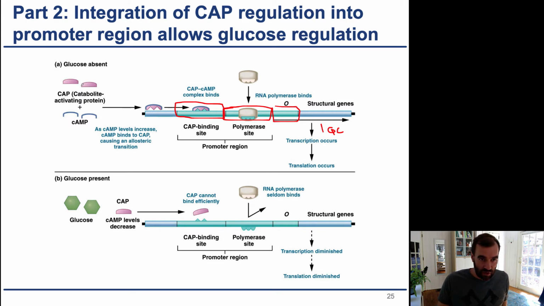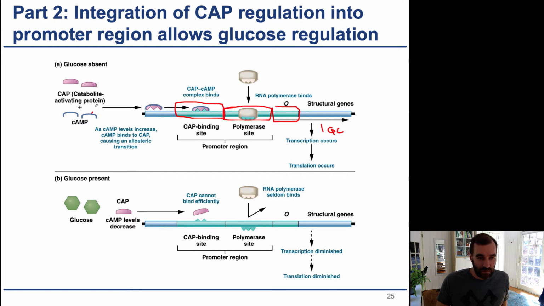This CAP protein cannot bind to DNA unless the cofactor called cyclic AMP, cAMP, is bound. It's a modified version of AMP, so monophosphate, so it's not ATP, which is a triphosphate. AMP indicates a monophosphate, and cyclic just indicates that there's a reaction that creates a ring between different atoms.